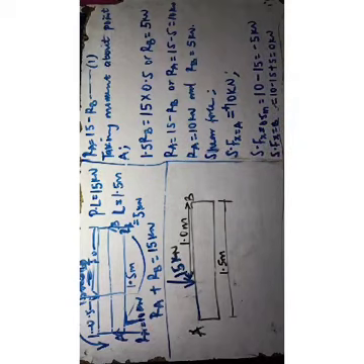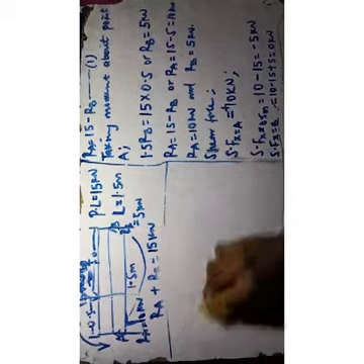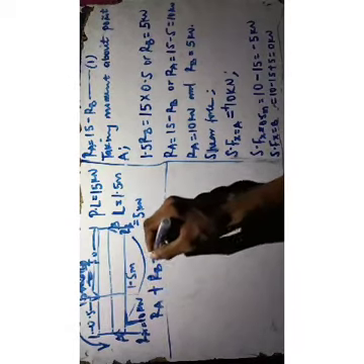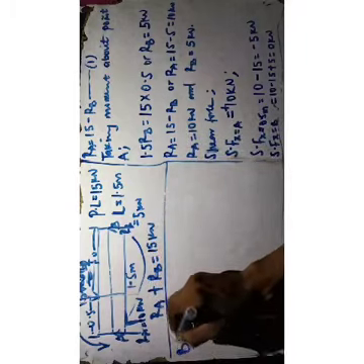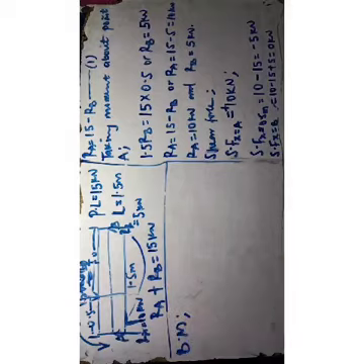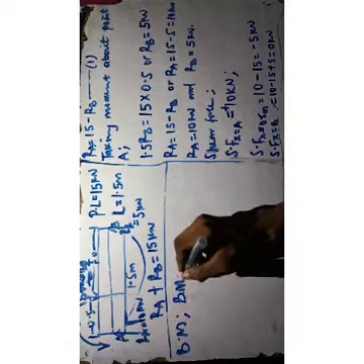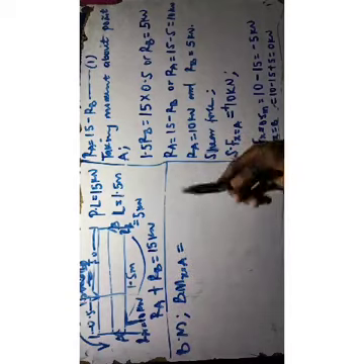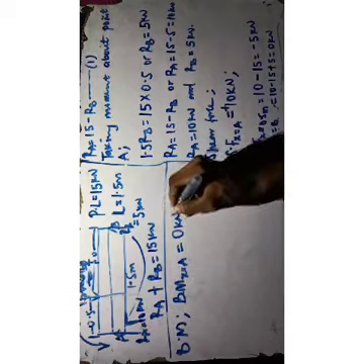Okay, and if you want to draw the bending moment, let's find the bending moment as well. The bending moment at x equal to A is always 0 kilonewton meter, don't forget.